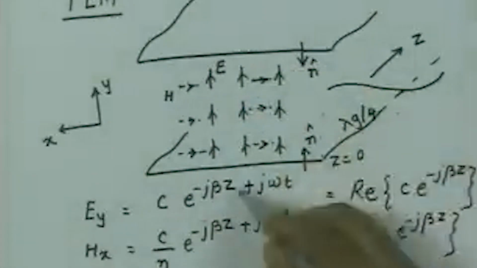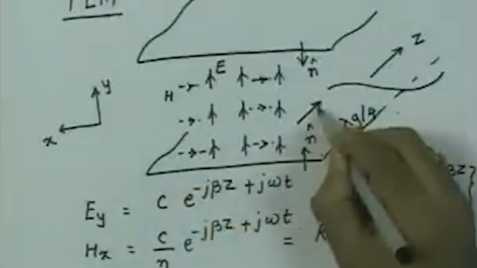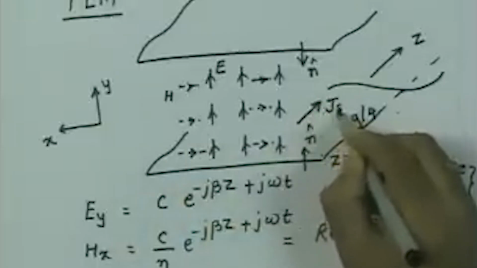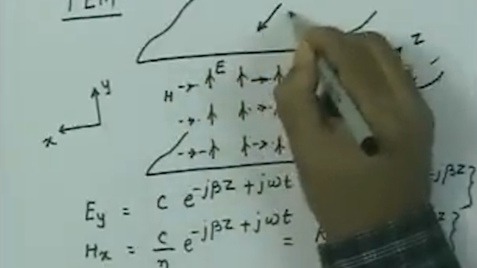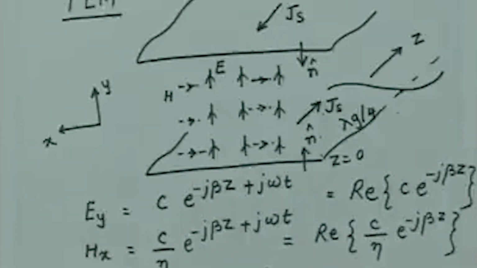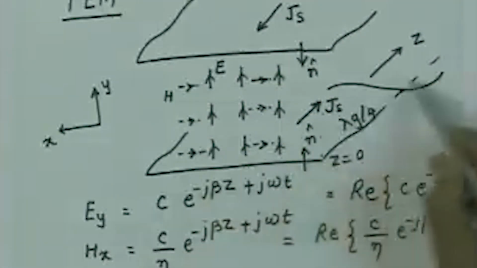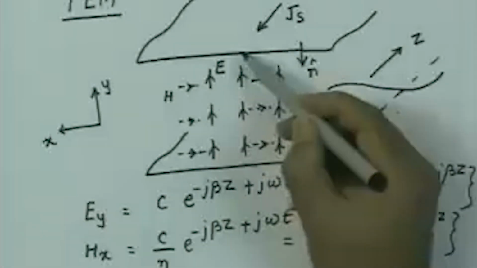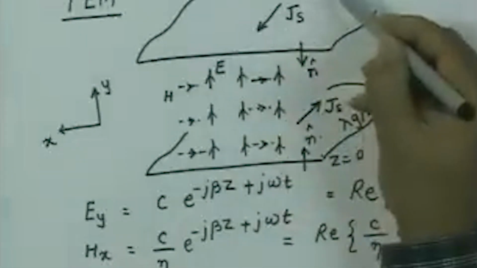So, on the lower surface I get a current which is going this way, this is my surface current, whereas on this surface the current will be flowing this way, which is Js, and it will be having the same variation as the variation of the magnetic field. That means it will be a maximum here, after a distance of lambda g by 4 this current will go to 0 and so on.